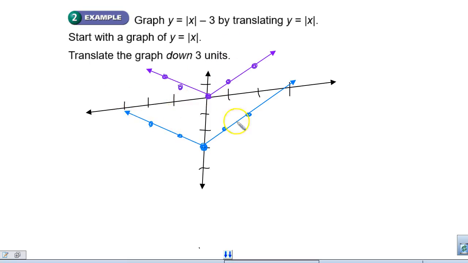So that blue graph right there is y equals the absolute value of x minus 3, because we're taking that parent function and shifting it down 3 units. Any questions on having to graph those ones? All right, let's jump to our next page here.